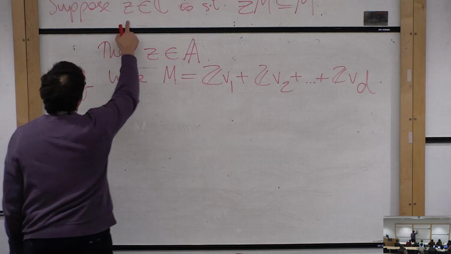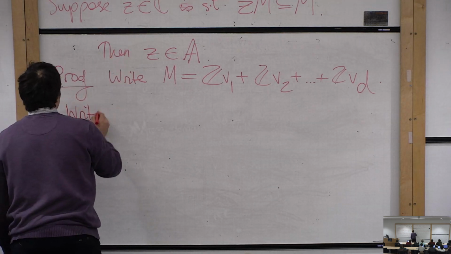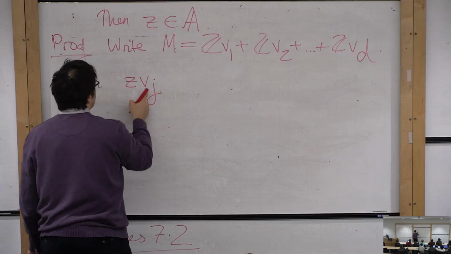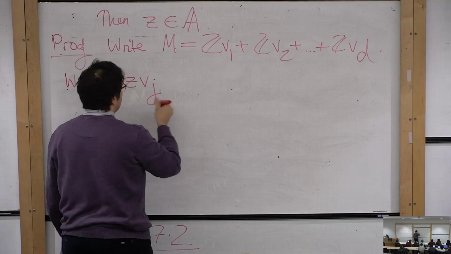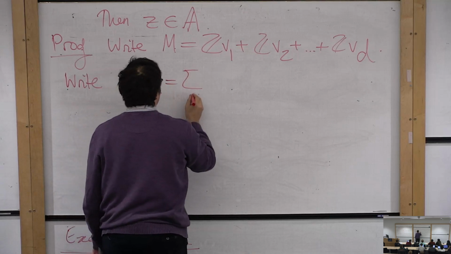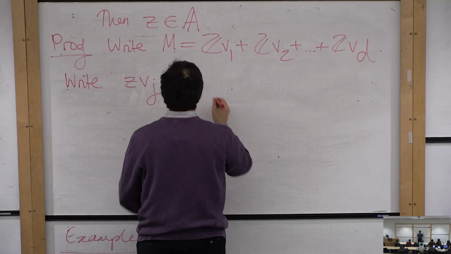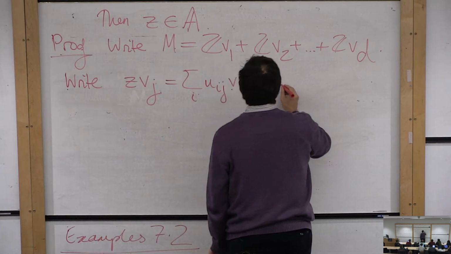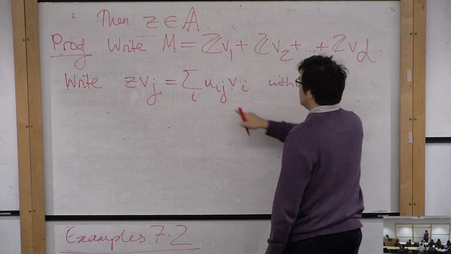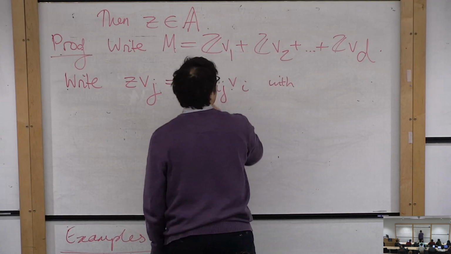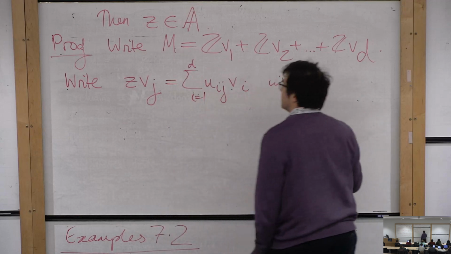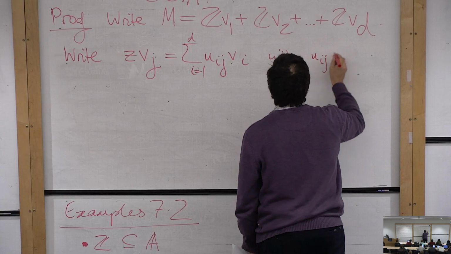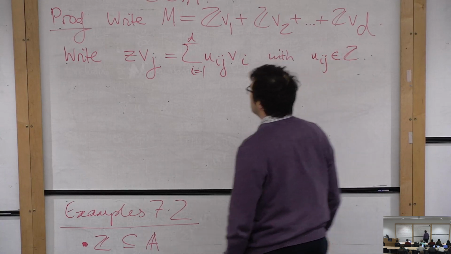Well, I've got this condition that z normalizes these things, so I can write down the product z times v_j as an integer linear combination of the v's. For each j, I can choose d integers u_1j, u_2j, ..., u_dj, such that this formula holds true.